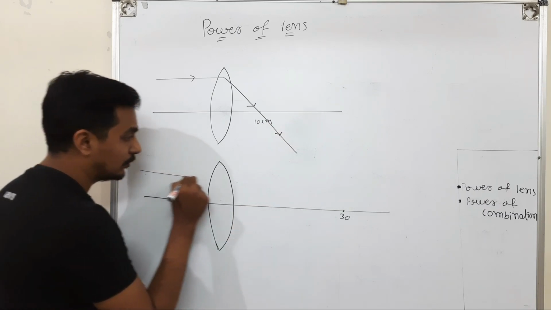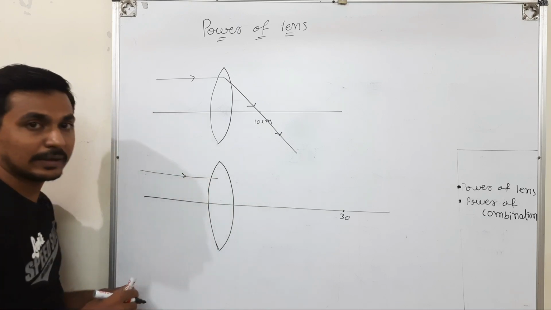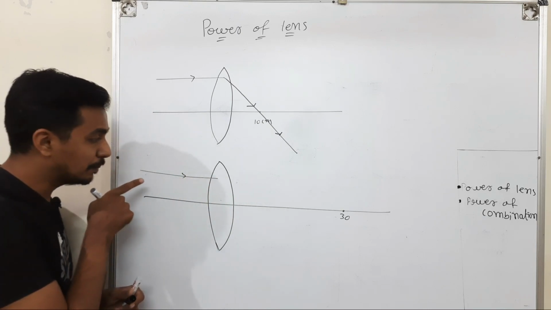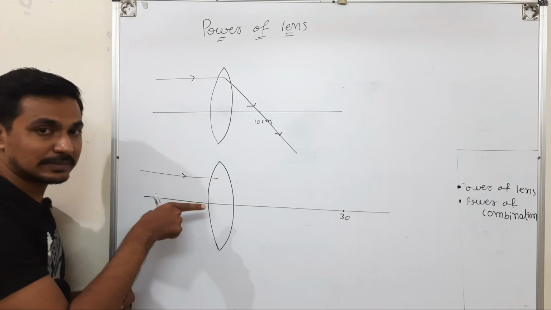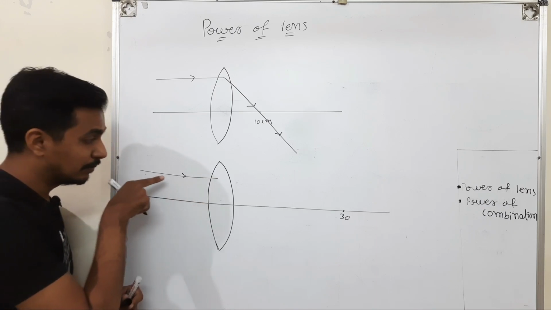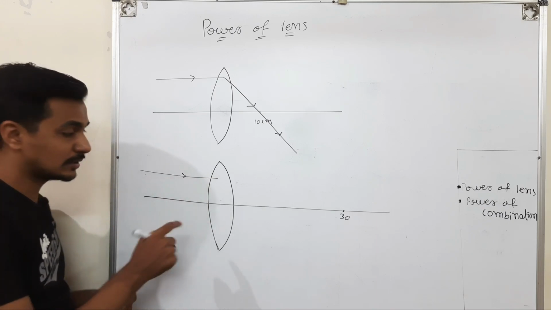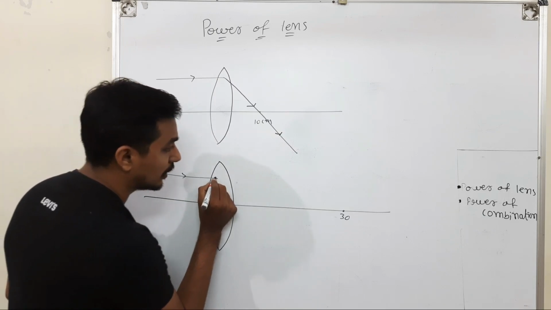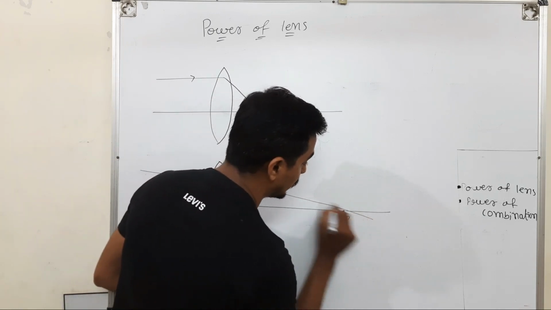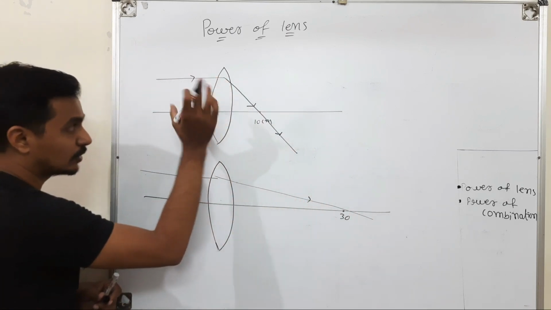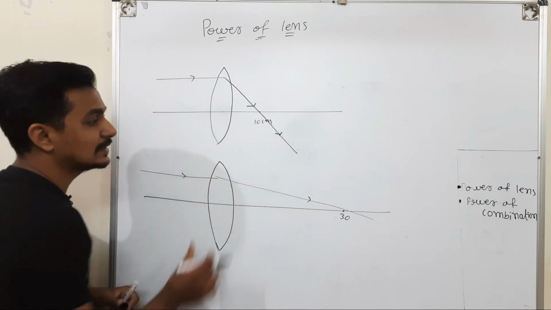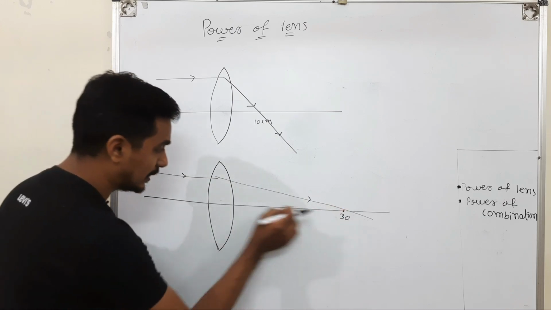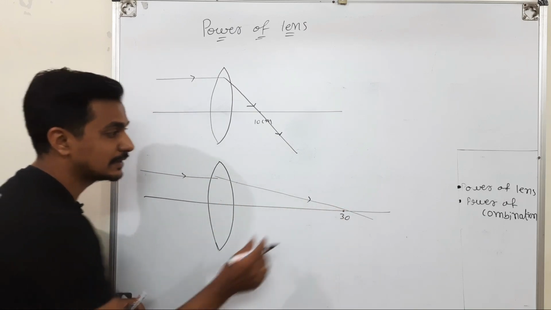Similarly, for the other lens, a ray incident parallel to the principal axis will after refraction pass through the focus. For this lens the focal length is 10 centimeter, and for this lens the focal length is 30 centimeter.